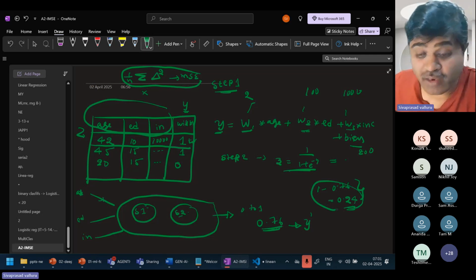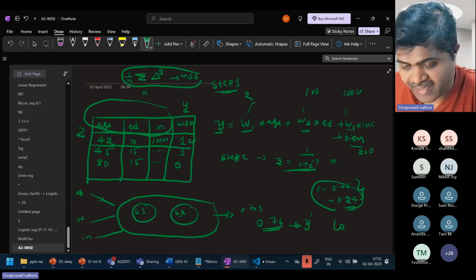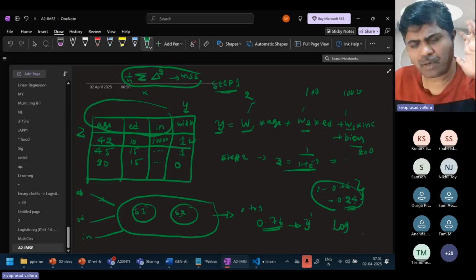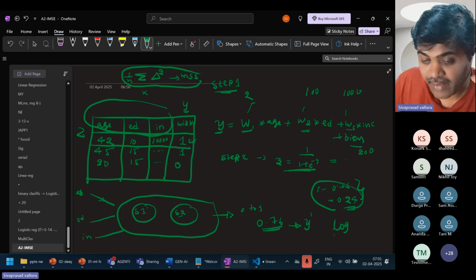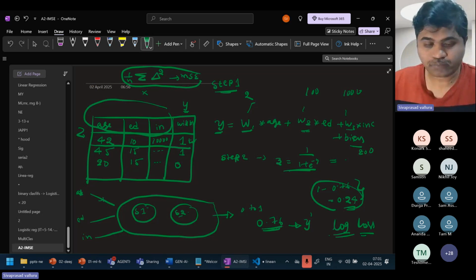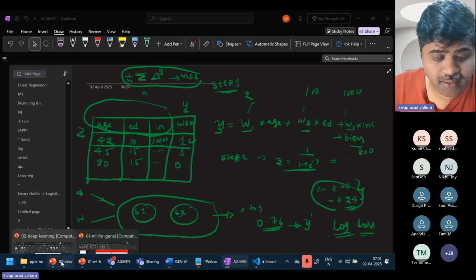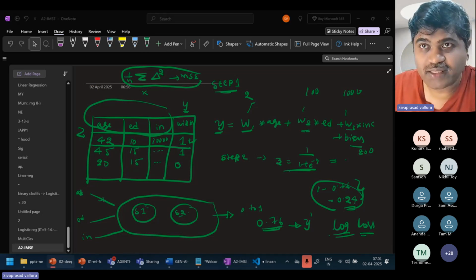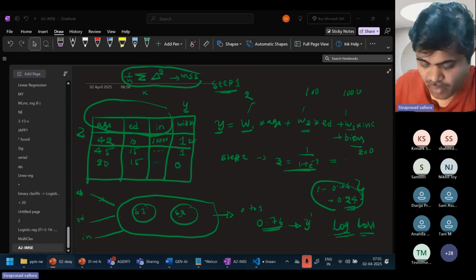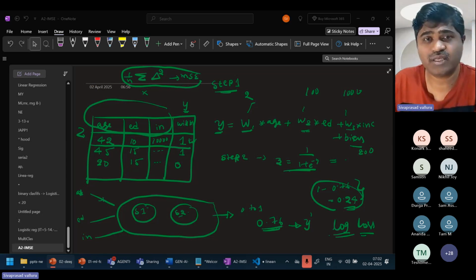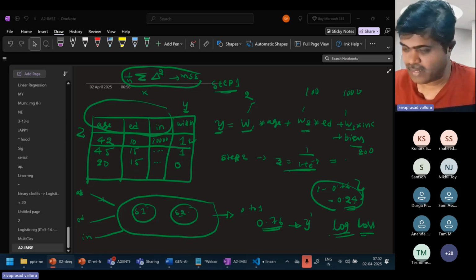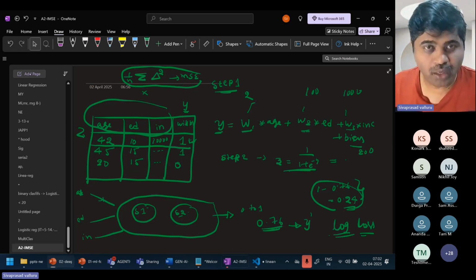So there is something called as log loss. Again, there is very good reasoning why the scientists have used this log loss formula. For the binary classification problem, or for the classification problem, the loss is calculated by using log loss. Let me tell you the formula of log loss.